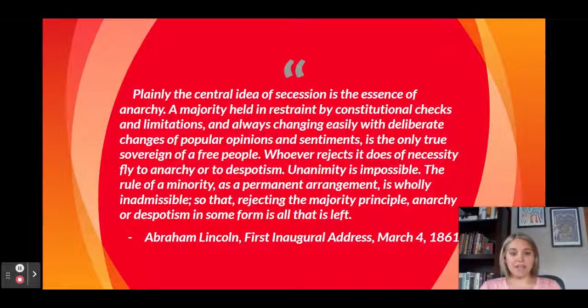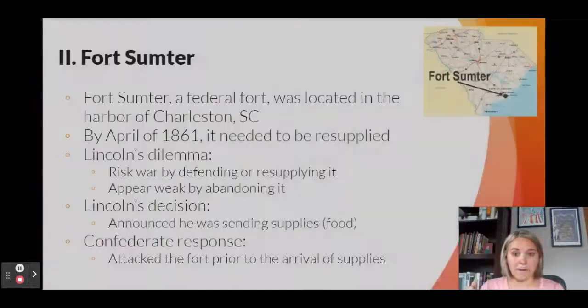Whoever rejects it does of necessity fly to anarchy or despotism. Unanimity is impossible. The rule of a minority as a permanent arrangement is wholly inadmissible, so that rejecting the majority principle, anarchy or despotism in some form is all that is left." So basically saying allowing for the secession of Southern states is going to allow for anarchy to occur.